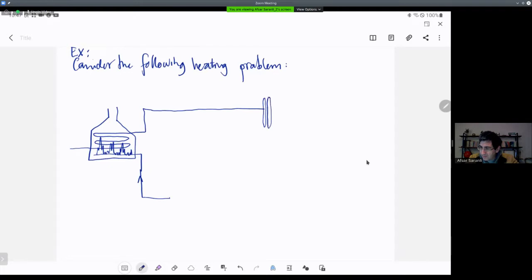Okay. Okay, so this is the heater in rooms. Okay, so we have cold water coming in.